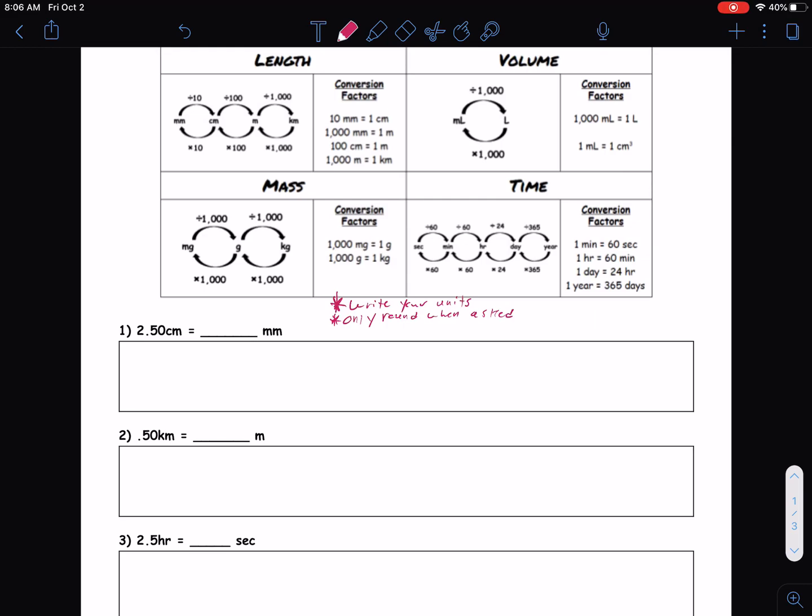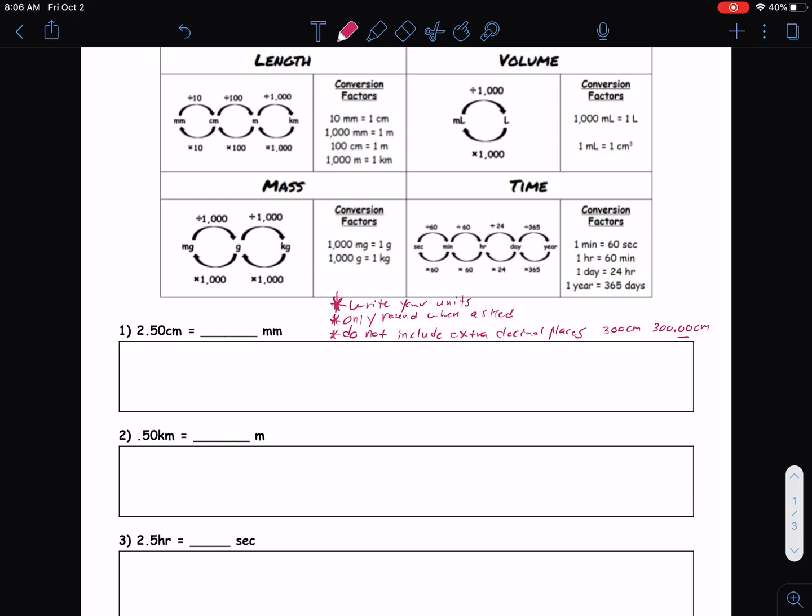And the other thing is, do not include extra decimal places. If your answer comes out to be 300 centimeters for whatever reason, you do not want to write it as 300.00 centimeters. I know whenever I said we're measuring with a meter stick, you're going to have those two decimal places here.